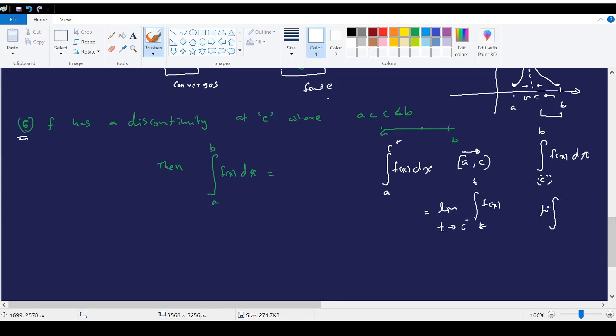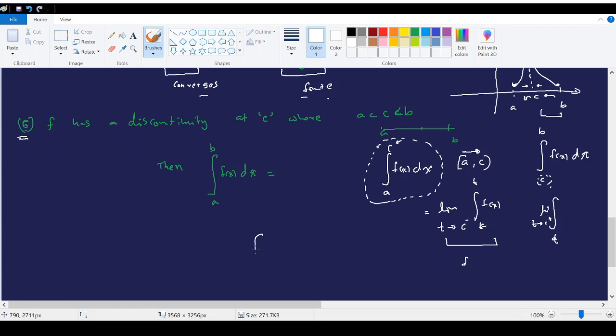So we should approach C from the right hand side in this case. And as I explained earlier, if this limit value is finite, we say that the integral that we started with is a convergent integral, or in other words, the integral converges, okay?